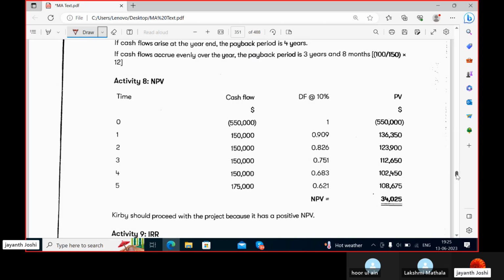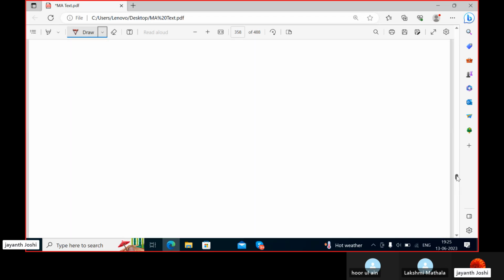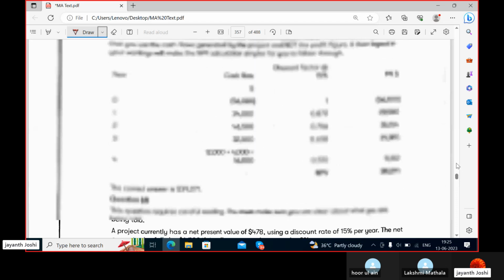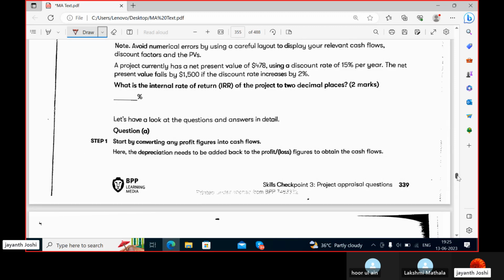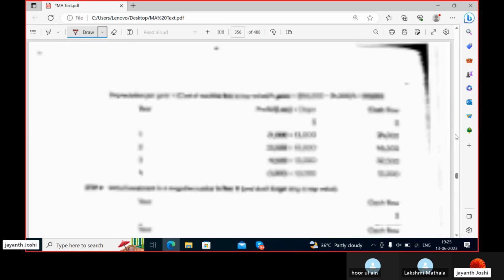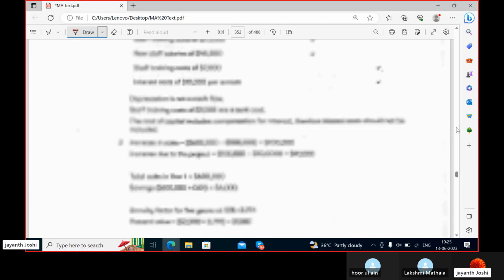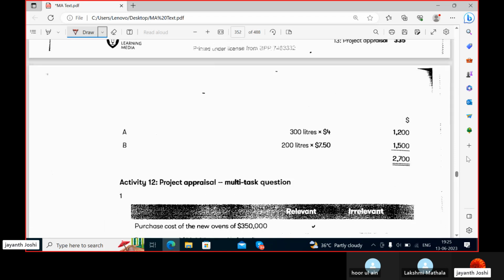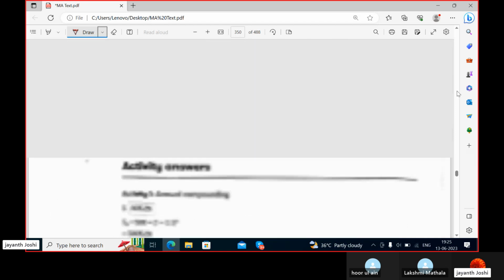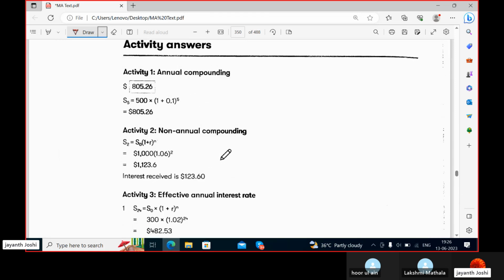Okay, shall we move forward? Let's check the answer for activity 2. Was it annual compounding or non-annual compounding?